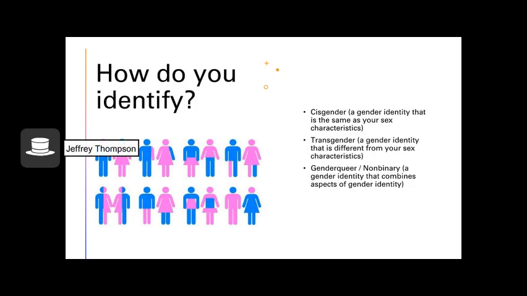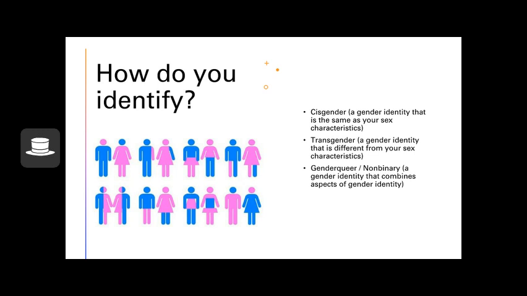Because gender in our society is very binary, either or, you're either this or that, we have a few terms that can help us understand somebody's potential gender identity. A lot of you are cisgender. Your sex is one way, and your gender identity matches that.